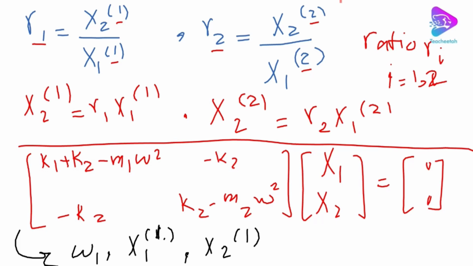So let's do it. We basically have a matrix multiplication, a 2 by 2 matrix times a 2 by 1, so you can simply expand it. Let's see what happens.